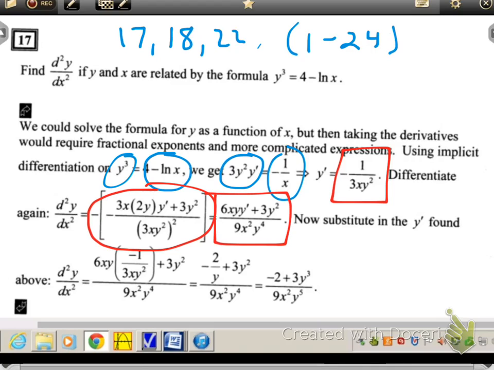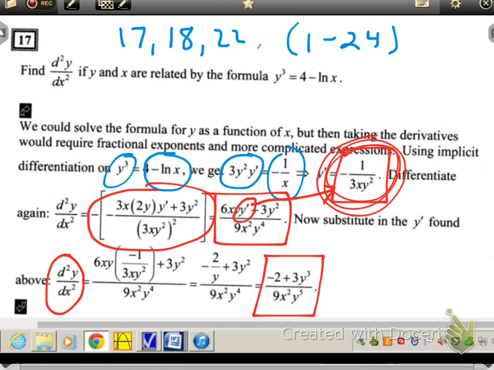Now notice though that we have this y prime in our answer. Well, you have to put what y prime is equal to, and that's this guy right here. So this is what you're going to replace y prime with in this expression, and so then you're finding the second derivative of y with respect to x, but in terms of only x and y and not having any y prime in there.